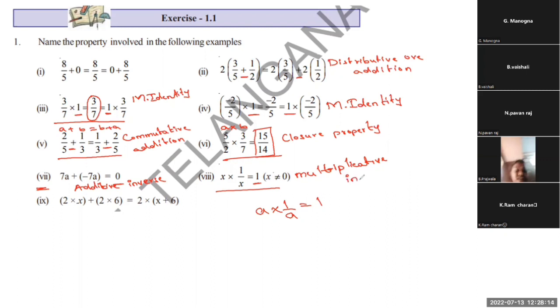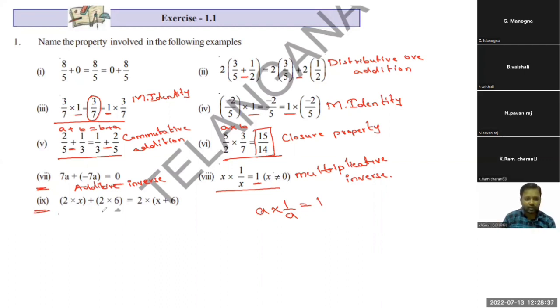It is inverse. We got the result is 1. We are not multiplying with 1. We got the product as 1. Therefore, it is multiplicative inverse. Now last one, ninth one.